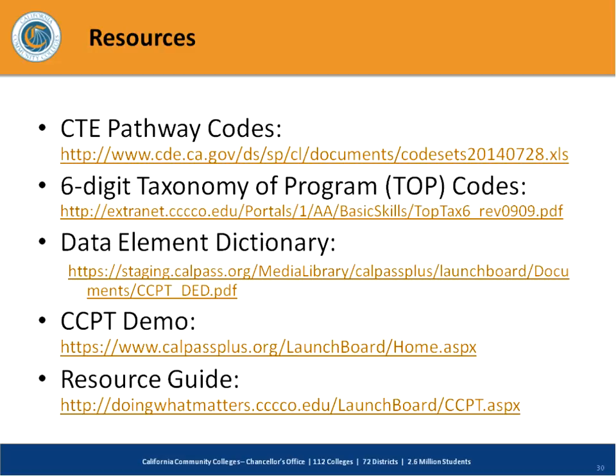So there are a number of different resources we want to make sure to point you to help support this process. So I've given you direct links here to things like the CTE pathway codes, so you can see what those 58 codes are, as well as a list of all of the different top codes for community colleges if you're not familiar with them. We have a direct link to the data element dictionary, so you can see how we have tried to define all of these terms for the purpose of this initial data collection.